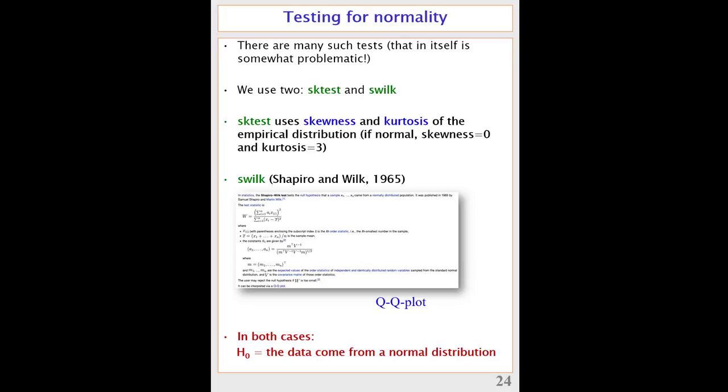And the other idea is from two people called Shapiro and Wilk, already from 1965. There the idea is a little bit more elaborate. For sktest, you only look at the skewness and kurtosis.